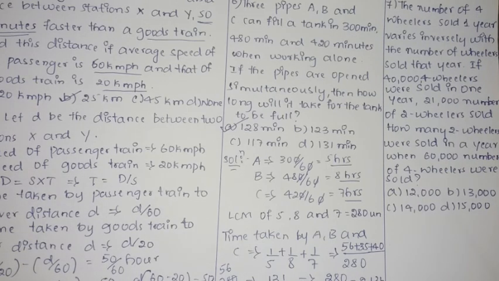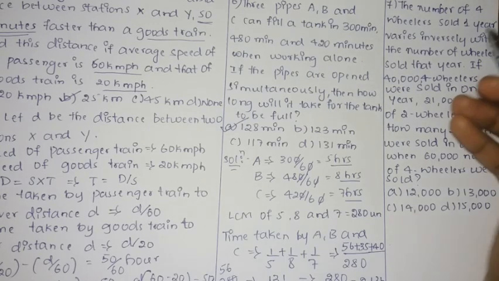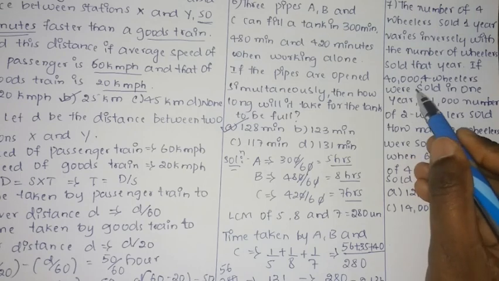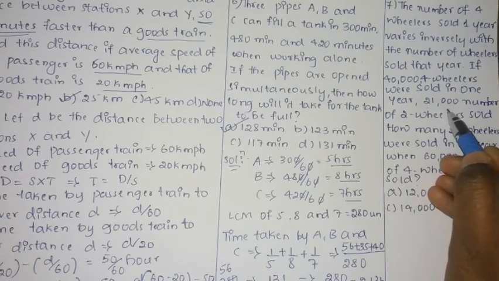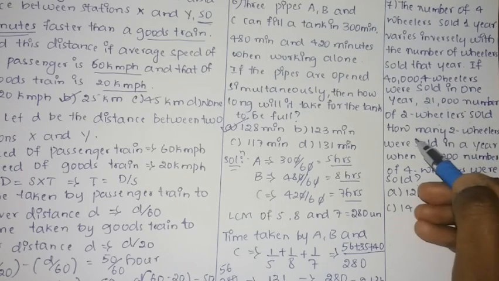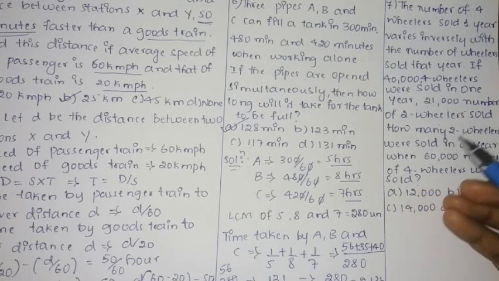This is the question that was asked. Option A is 12,000, B 13,000, C 14,000 and D 15,000.